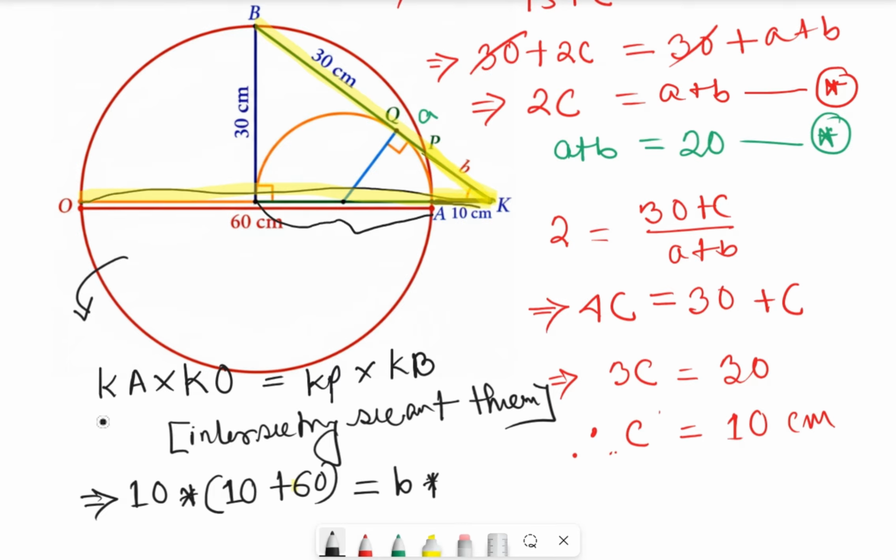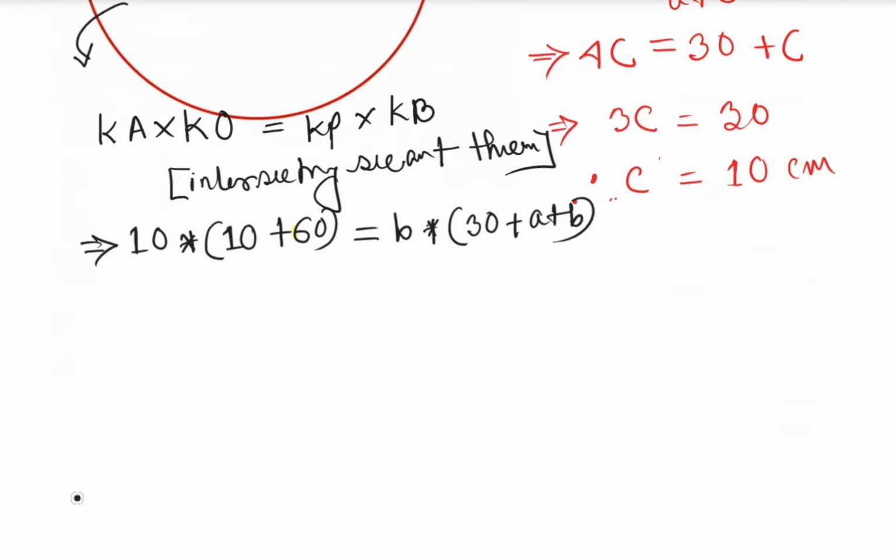KB is equal to 30 plus A plus B. Right, now we have to solve the equation, and after solving it we get B equals 14 centimeter, right? And we know that A plus B is actually 20.